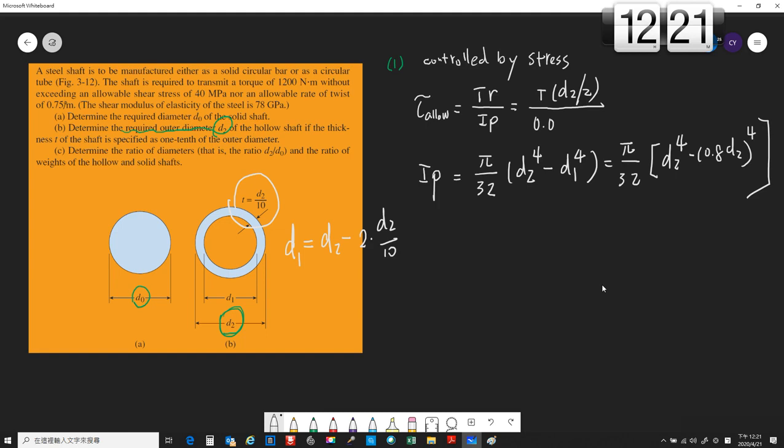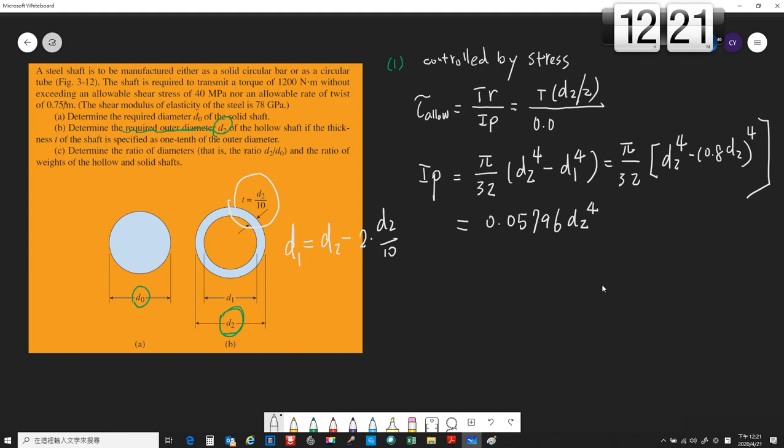So actually the IP is equal to, from the calculation, you can get 0.05796 D2 to the fourth.